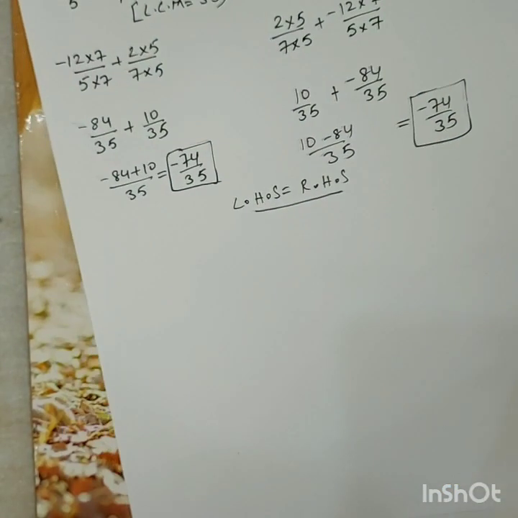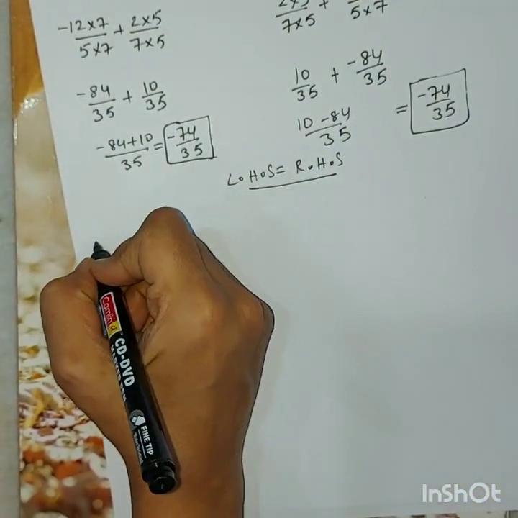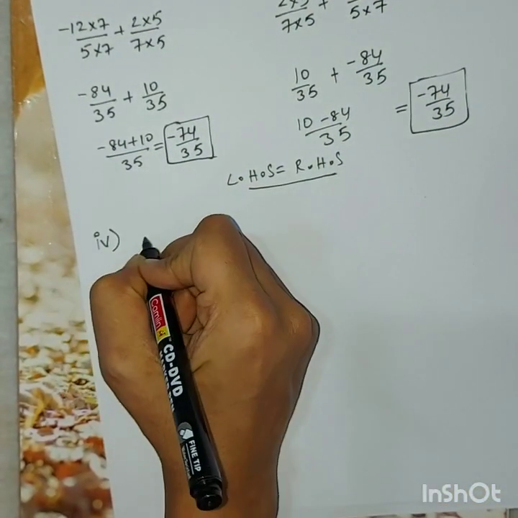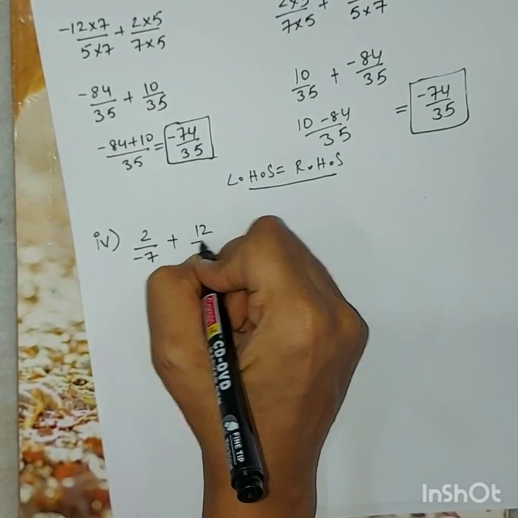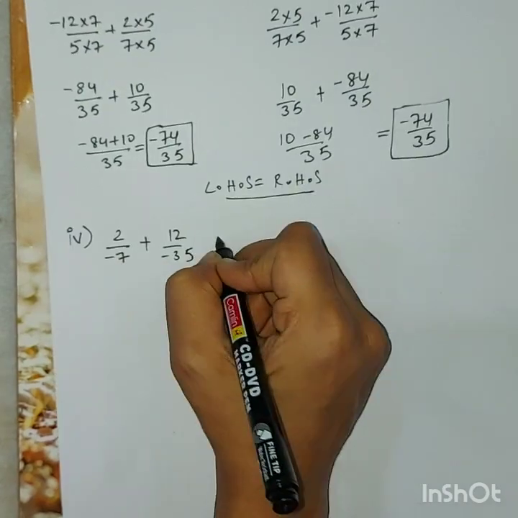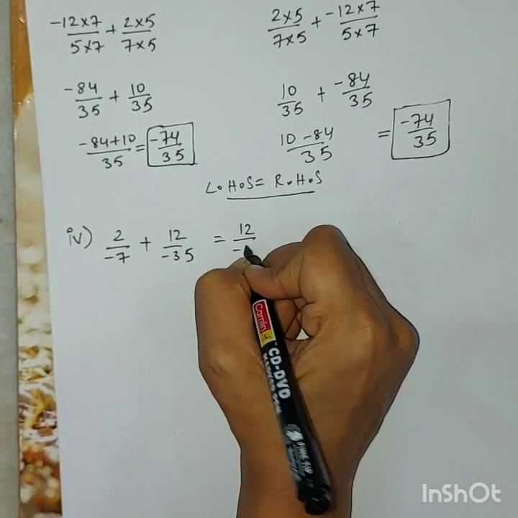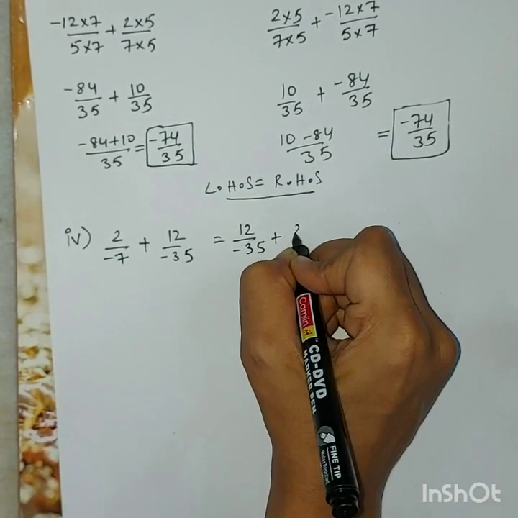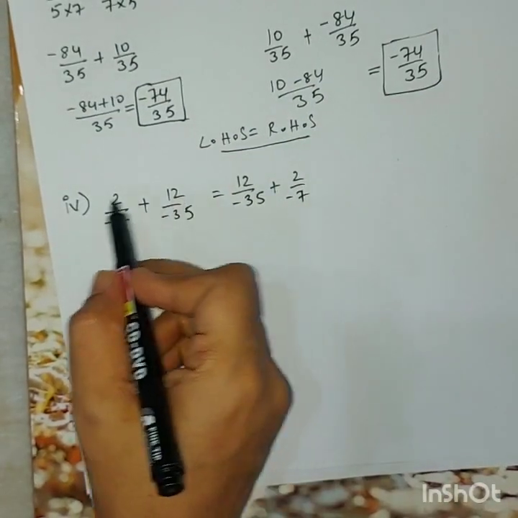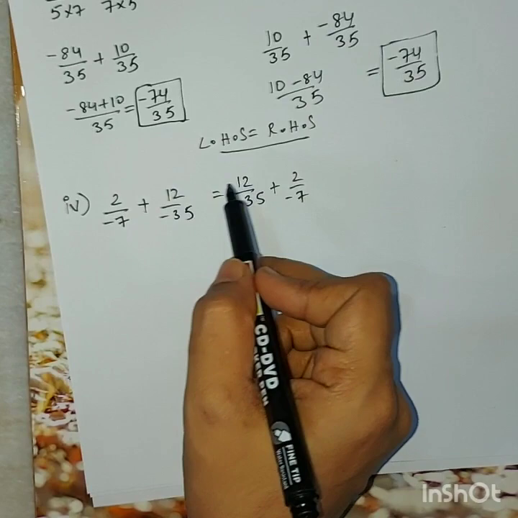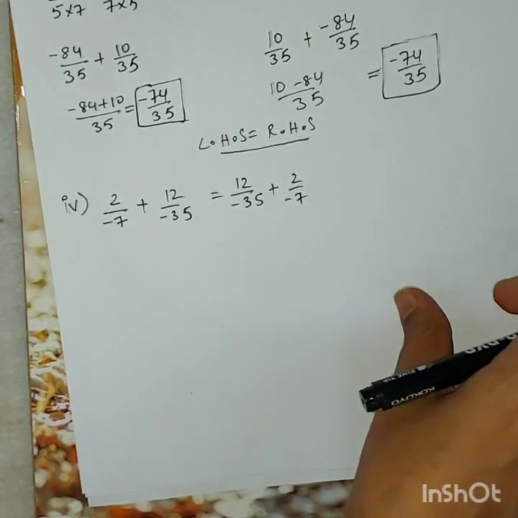One more part I would like to do for you. The same question, fourth part I will do for you. 2 upon minus 7 plus 12 upon minus 35 equals 12 upon minus 35 plus 2 upon minus 7. Okay, so first of all we can see the denominators are negative. If the denominators are negative, what you need to do?